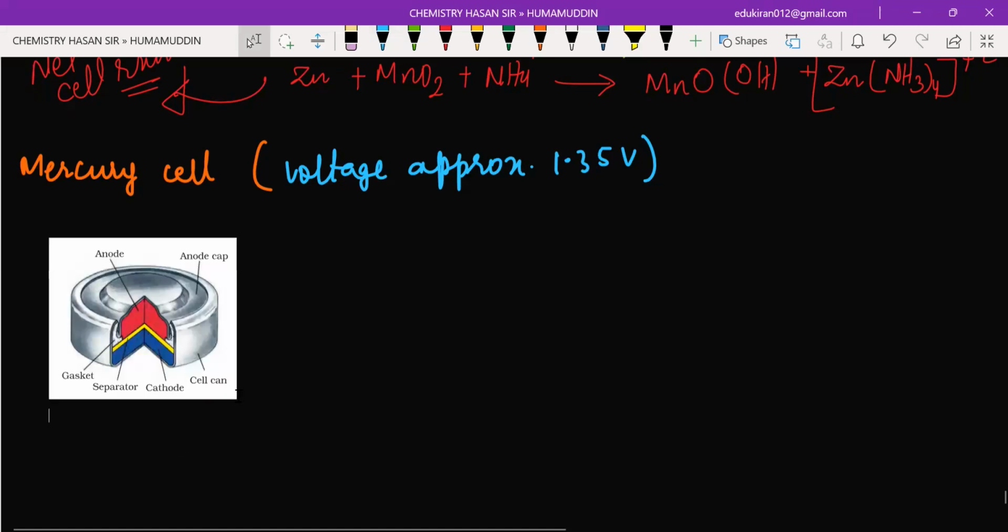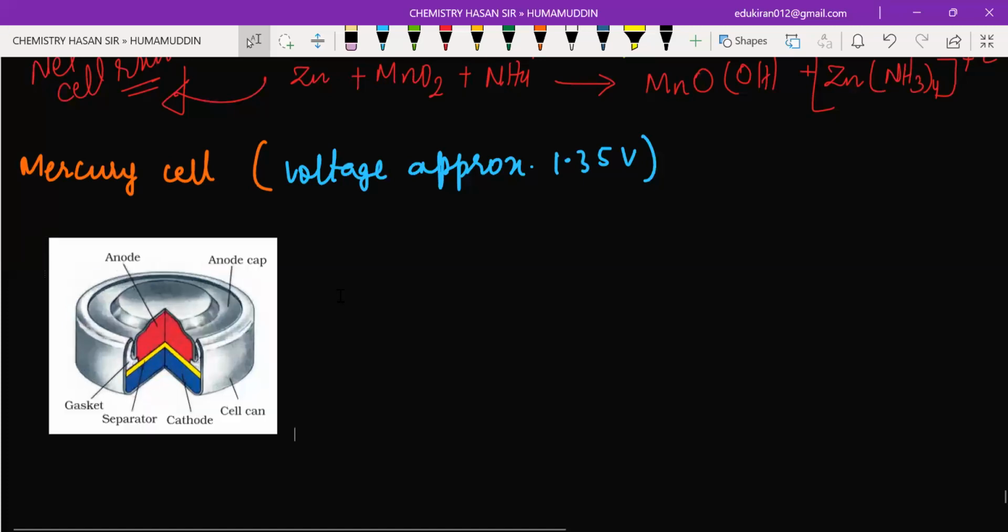So there is also a cathode and anode, you can see. Now I'm going to write the reactions at cathode and anode. The mercury cell is also represented as Hg cell. First of all, what is this anode made up of?